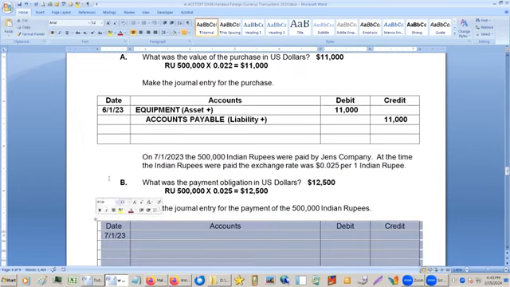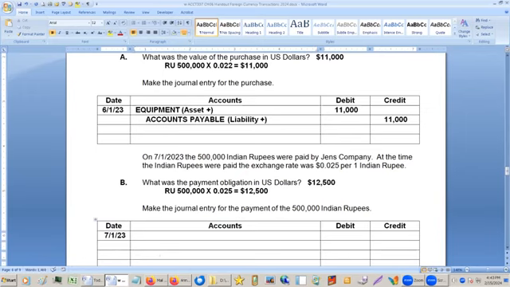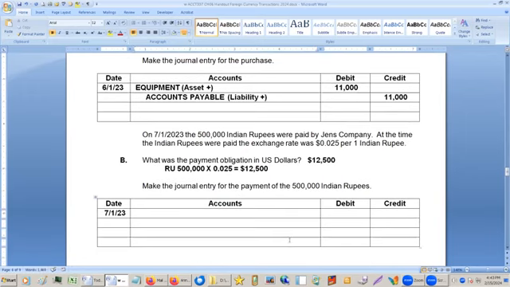All right, so this is us paying out this money. So cash, asset going down by 12,500. We have accounts payable for 11,000.